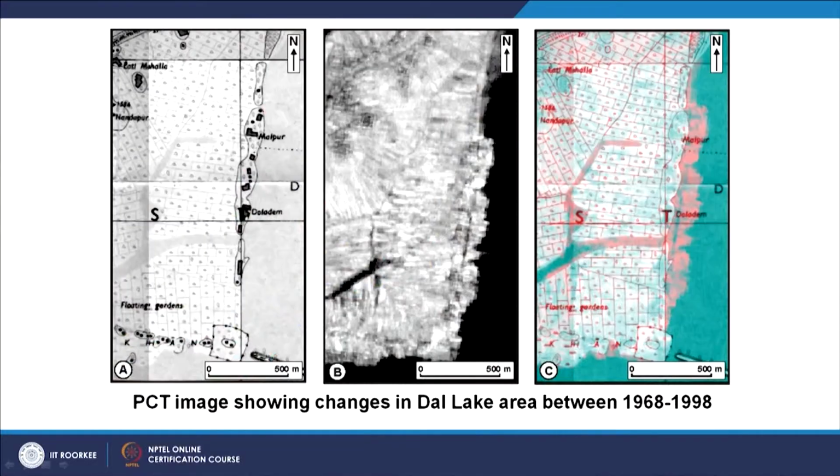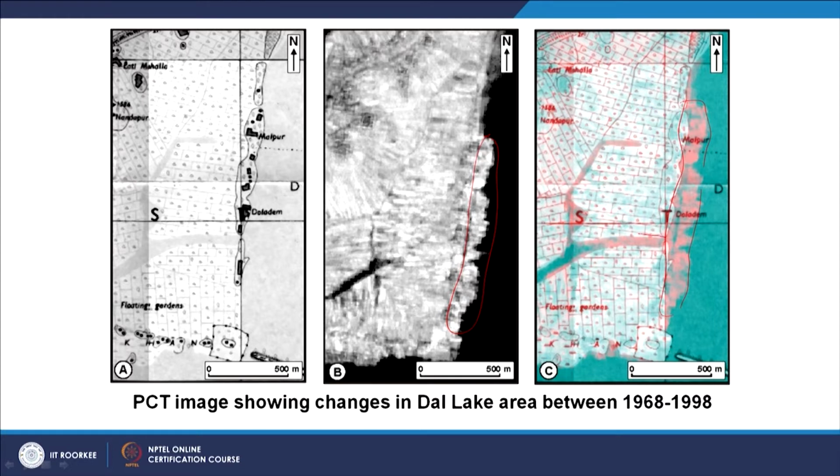I will show you some blow up of these parts. This is of course the black and white scanned map, and here is the area where things have been encroached, and as you can see very clearly, all these red areas show growth of vegetation.